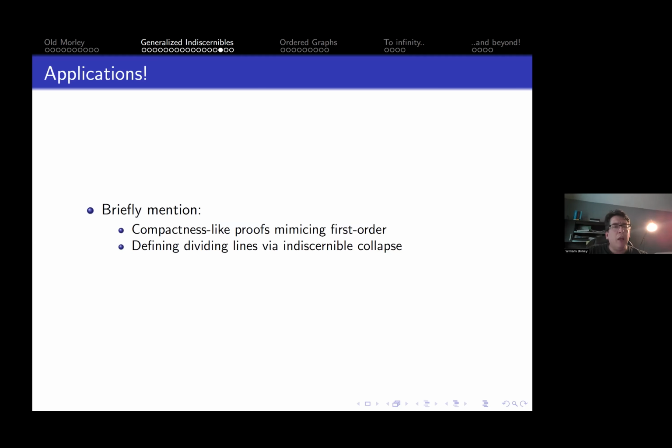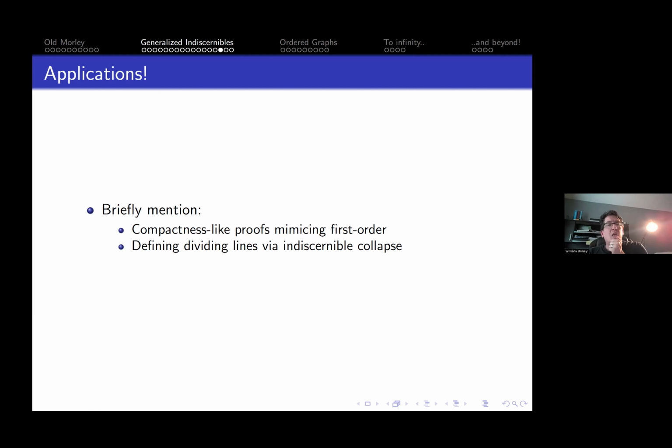But I'm very interested in the fragments of compactness that you can get back somehow, through set theory, through model theory, through algebra, however. And one of the things that these generalized indiscernibles do is that they let you mimic certain proofs in compactness. And so I'll talk about that. Then there's this idea of defining dividing lines via indiscernible collapse that I'll also talk about in a second.